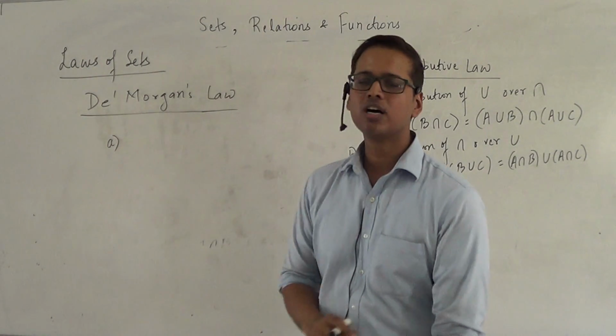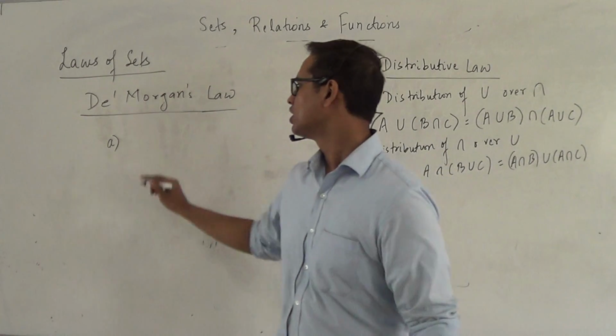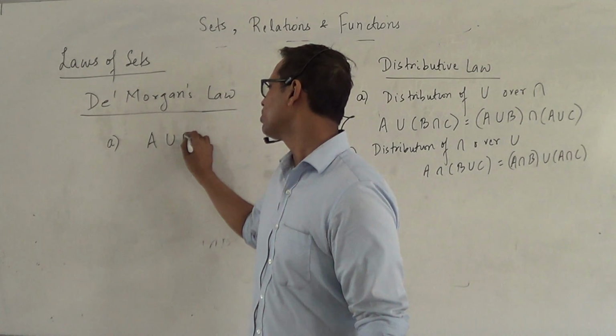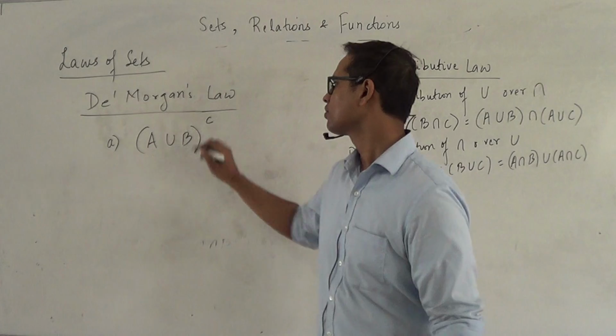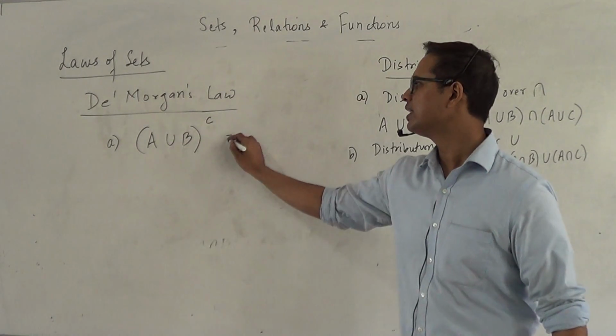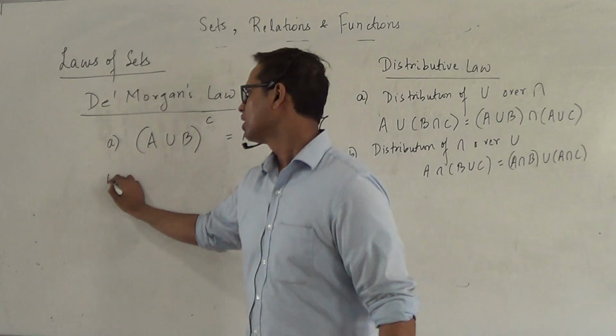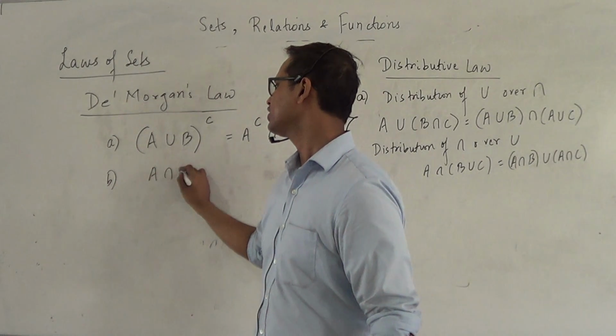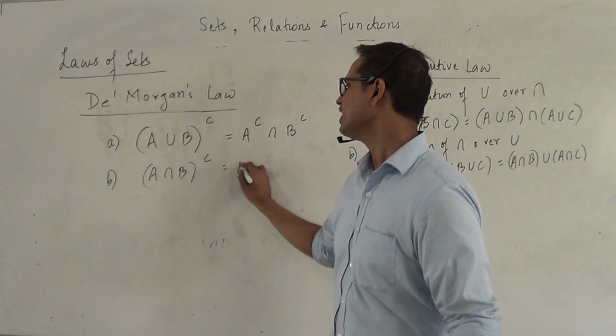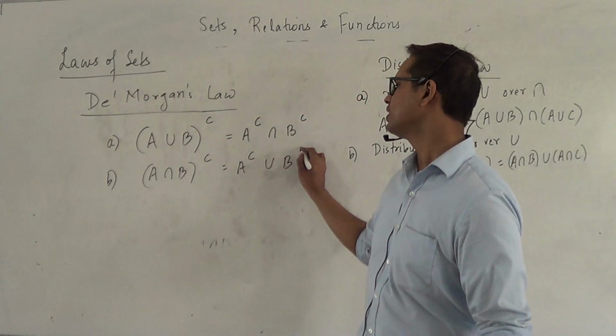In De Morgan's law, we have to study the two original laws of De Morgan, which were A union B complement is A complement intersection B complement, and A intersection B complement is A complement union B complement.